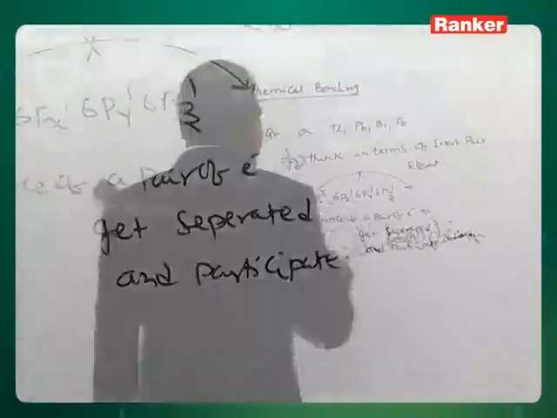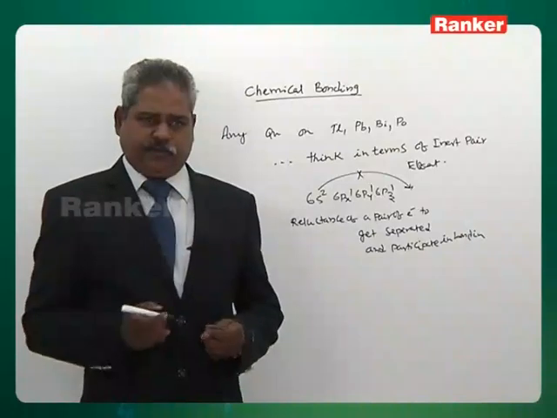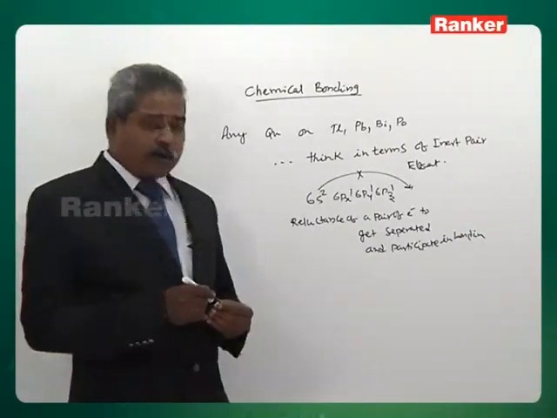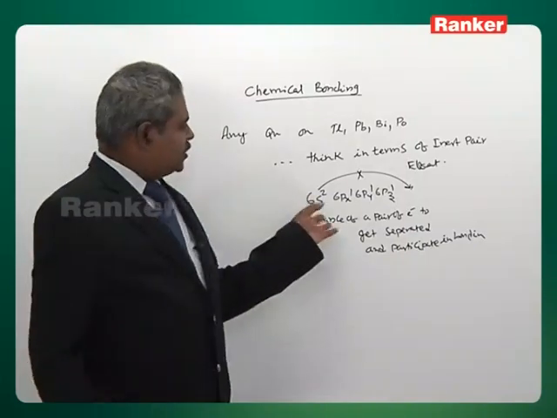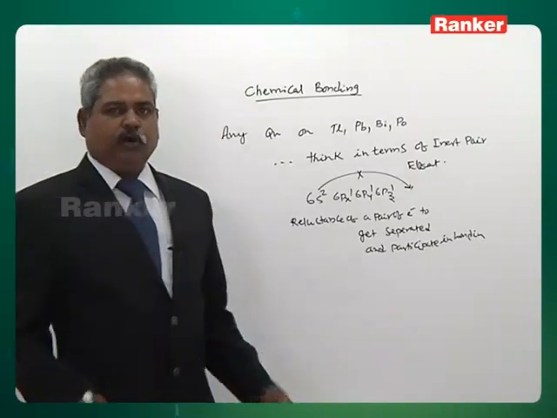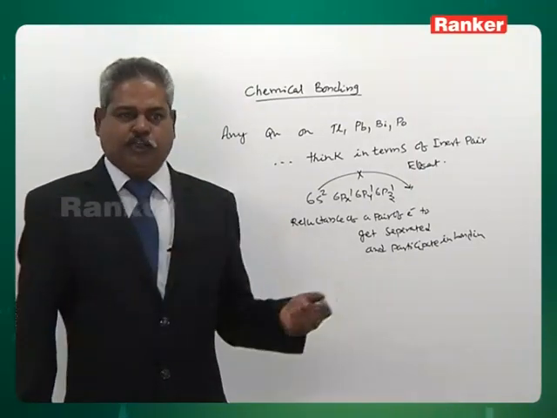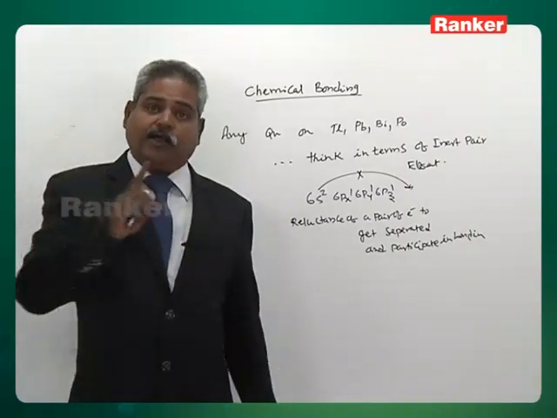This pair is not willing to get separated, in the sense it involves a lot of energy. Lot, I never mean lot, only relatively. The energy required is more and the energy released is less. So, what happens when more bonds are formed? Energy is released.